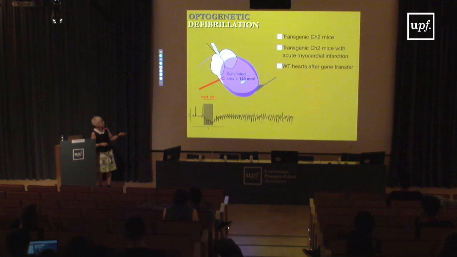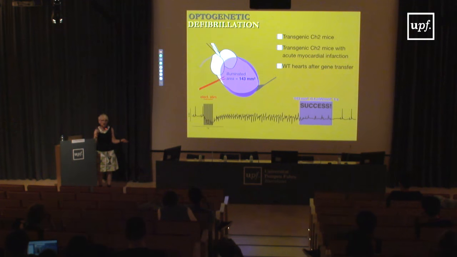Then they would illuminate the heart with blue light, because channelrhodopsin is sensitive to blue light, and they demonstrated for the first time you can do arrhythmia termination, or defibrillation, with light. Then they repeated the experiments with wild-type hearts after gene transfer. They did a viral gene transfer to embed that protein, and that was also successful. So this is very good.